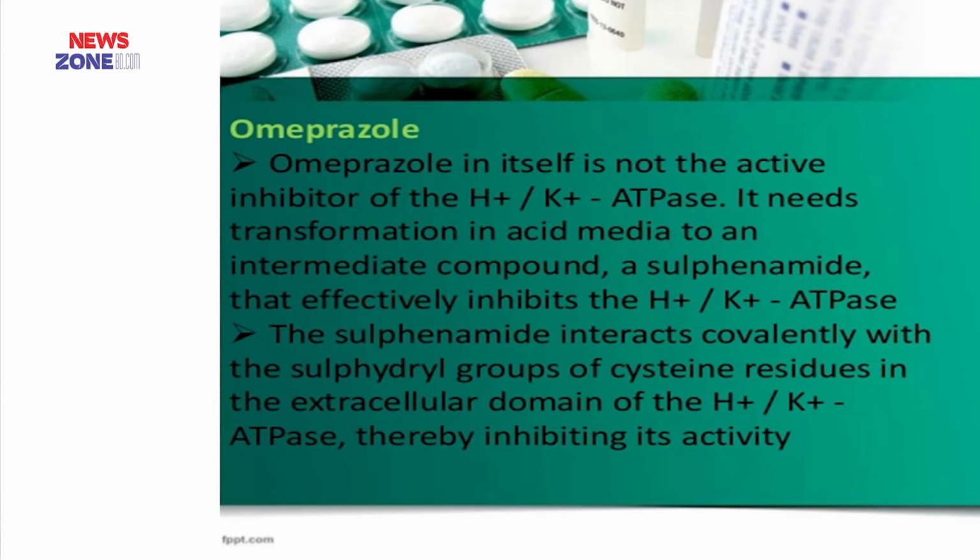It needs transformation in acid media to an intermediate compound, a sulfenamide, that effectively inhibits the hydrogen potassium ATPase. The sulfenamide interacts covalently with the sulfhydryl groups of cysteine residues in the extracellular domain of the hydrogen potassium ATPase, thereby inhibiting its activity.